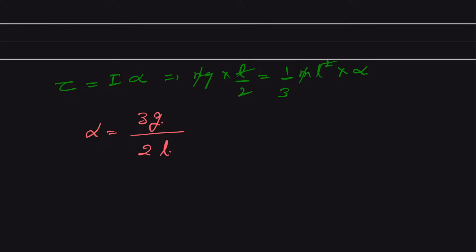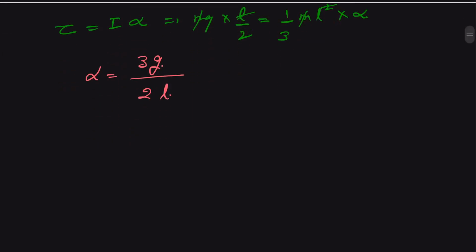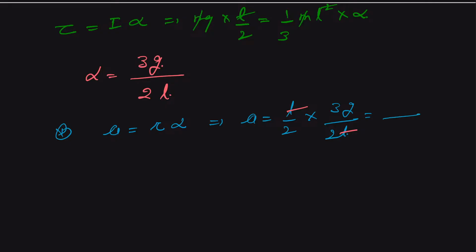And we know the relation between the linear and angular acceleration. So we know that a will be equal to r times alpha. Therefore a will be equal to L/2 times 3g upon 2L, and here L and L cancel out, so we get a as 3g/4.